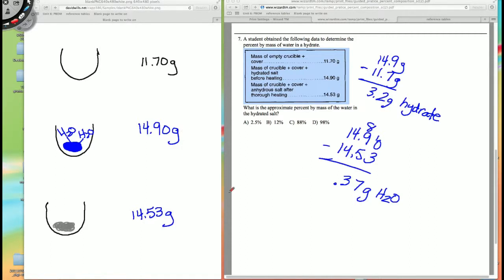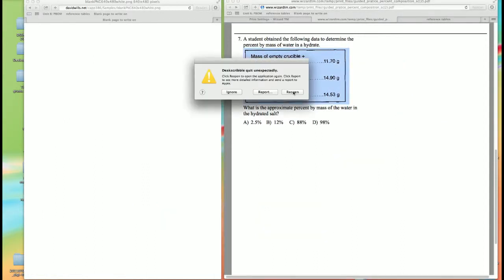Okay, so we've got 0.37, which is the grams of my water. It's going to be over 3.2 grams of the whole thing, which is the hydrate.